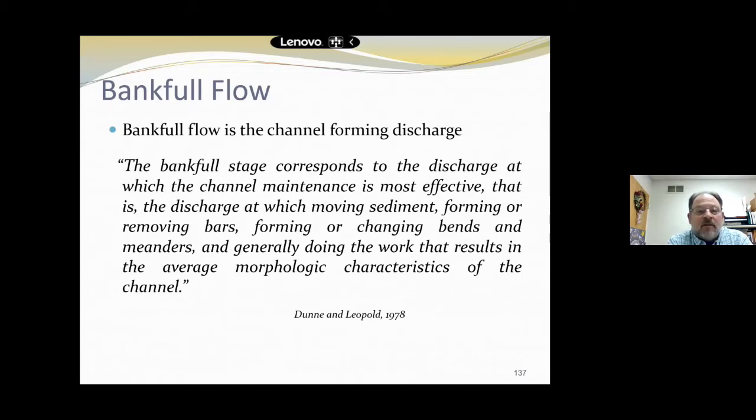So this is the flow at which the stream is trying to stabilize itself to move that bank full discharge rate through it without creating erosion and without creating deposition, without creating head cutting or that sort of thing that's going to destroy the channel.